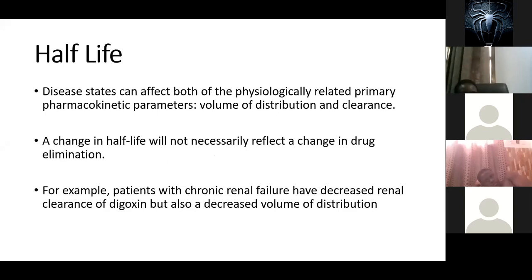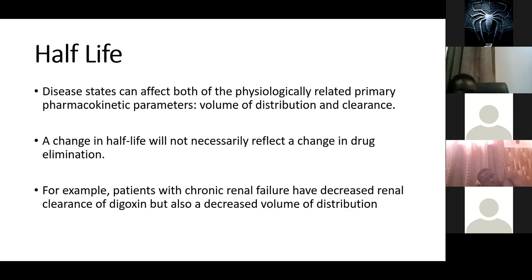So disease states can affect the volume of distribution and the clearance, but a change in the half-life will not necessarily reflect a change in the drug elimination. What this means is that if there's a problem with the kidney, for example, the half-life of the medication is the same, but the problem in the kidney will affect the clearance or how quickly the medication will be cleared from the system.